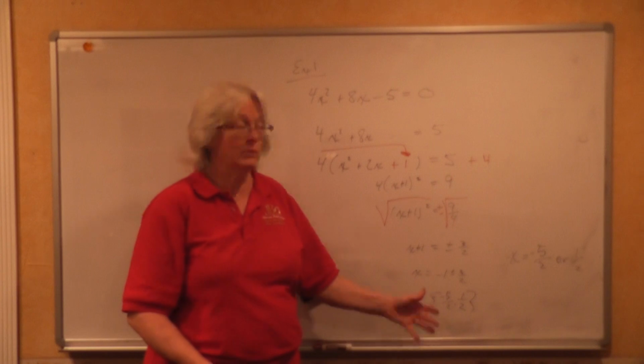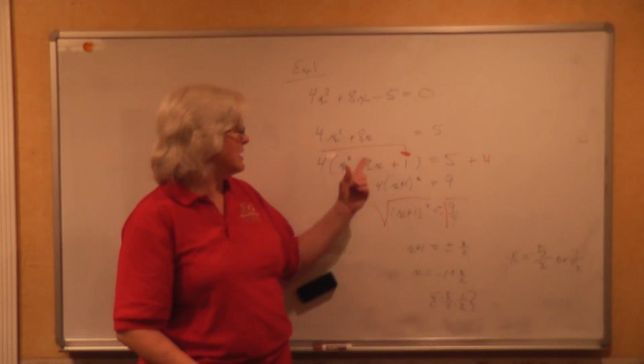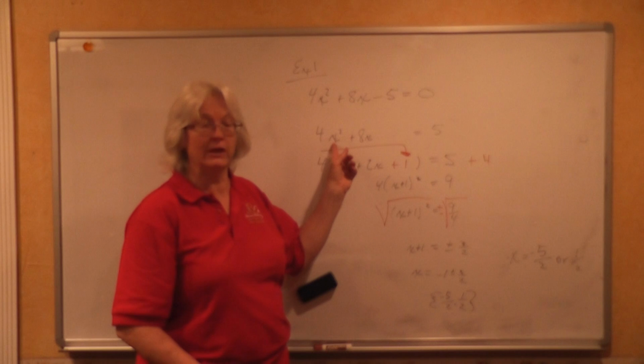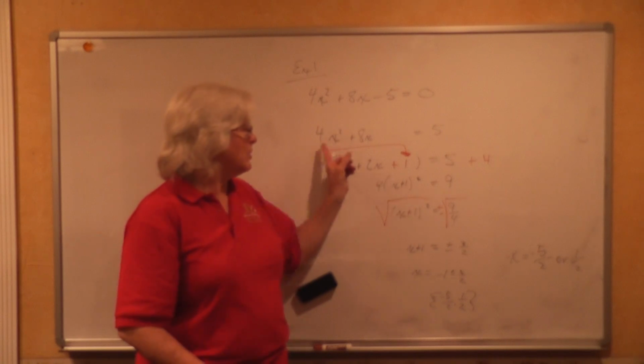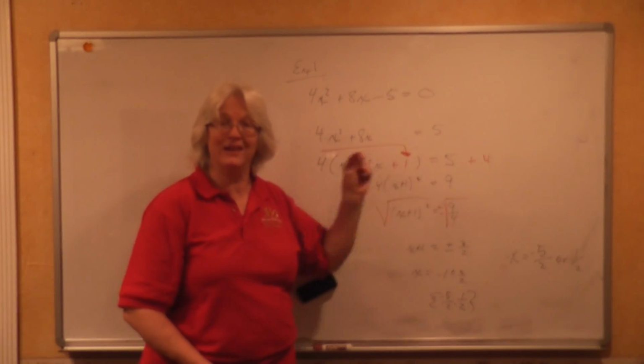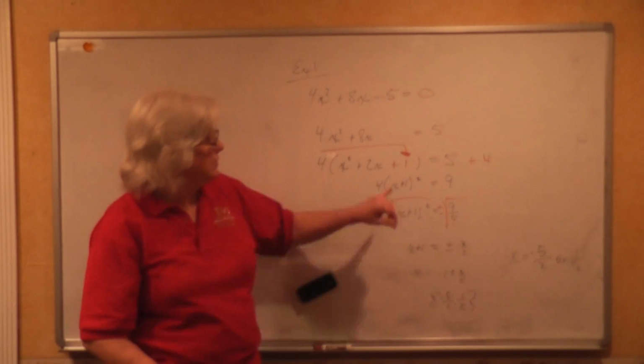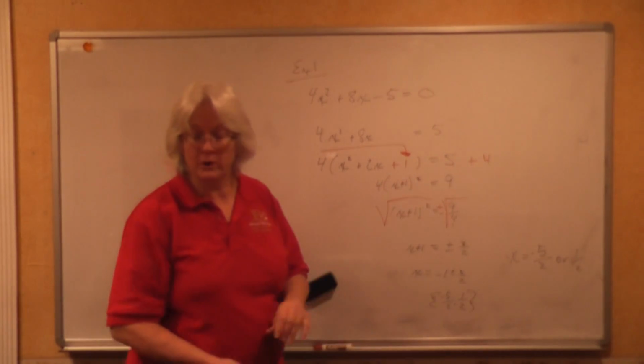That's all you're going to do. It's this one little extra step where you have to factor out the leading coefficient and then multiply back by that same leading coefficient after you have completed the square.